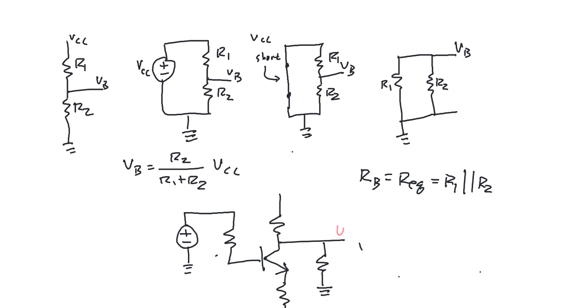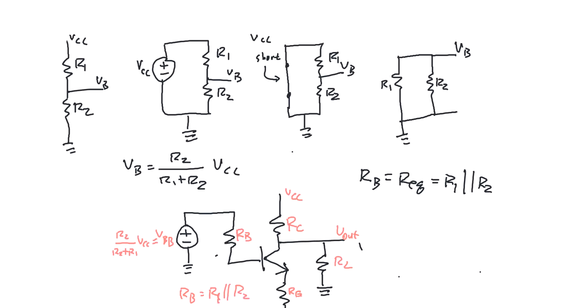We have V out, RL, RE, RC, VCC, RB, and VBB. VBB is equal to R2 over R2 plus R1 times VCC, and RB is equal to R1 parallel to R2 from that original circuit.